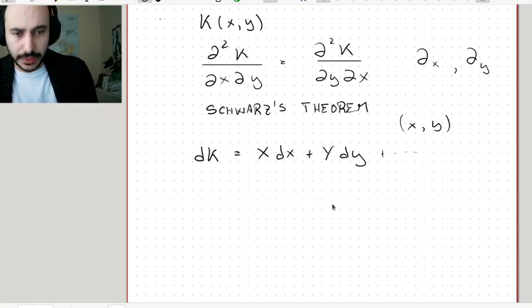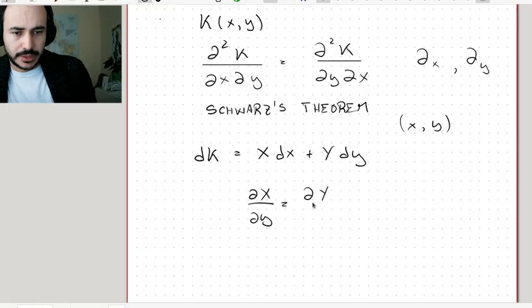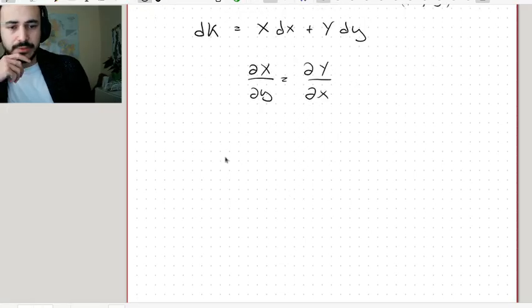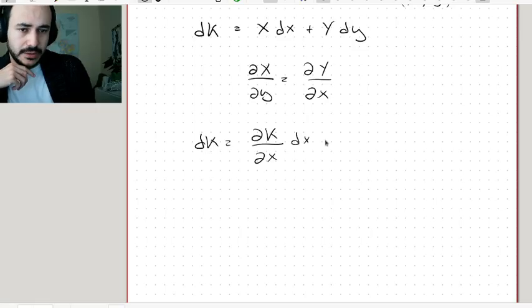You continue doing this. So what Schwarz's theorem tells us is that the partial of x with respect to y is equal to the partial of y with respect to x. Okay, that's just what is written there, because of the chain rule. When you want to write the differential of k, then you would say, okay, that's a partial of k with respect to x, differential of x, plus the partial of k with respect to y, differential of y.